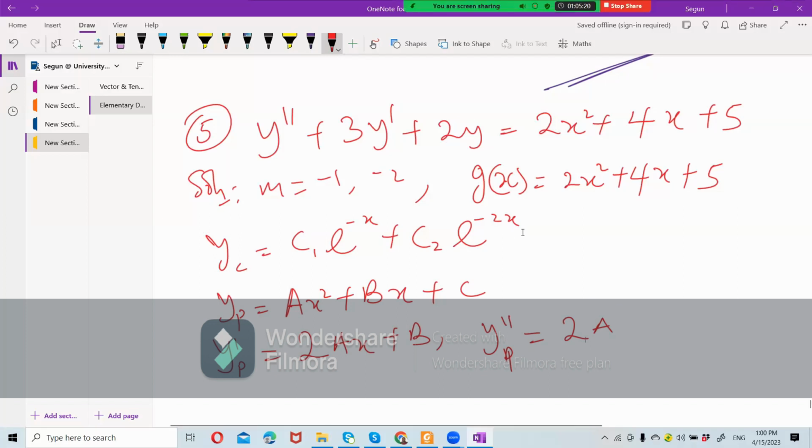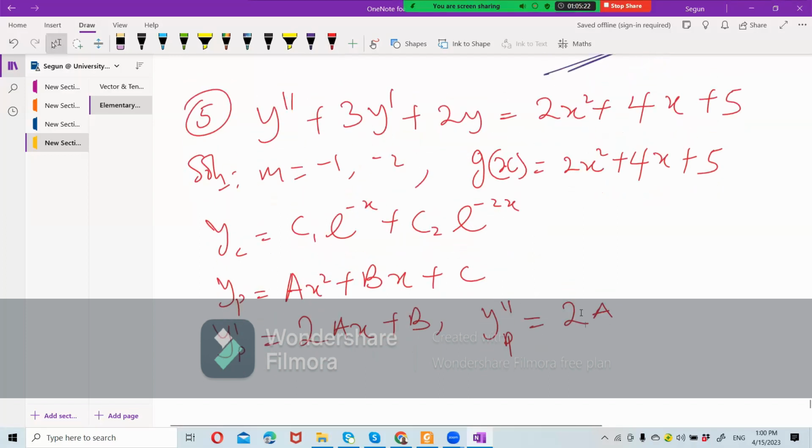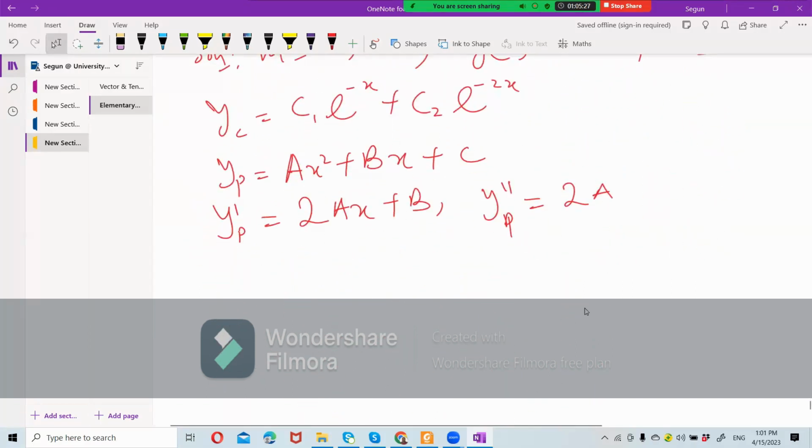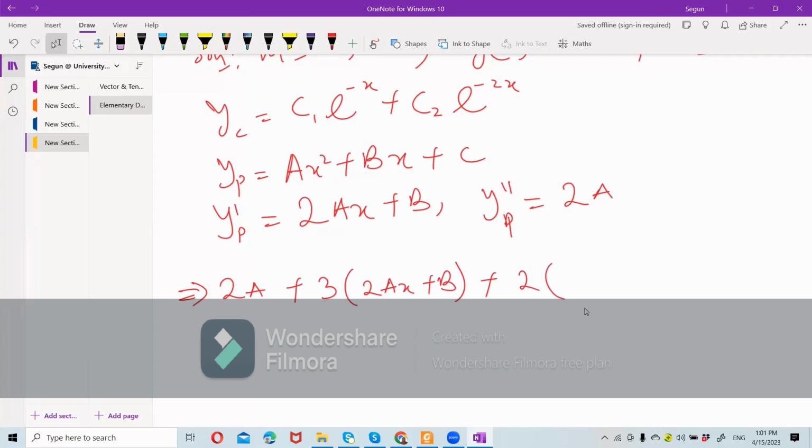Then we have to go back to the equation and substitute it. So here you are going to have 2A plus 3 in bracket 2AX plus B, plus 2 in bracket AX squared plus BX plus C, everything equals 2x squared plus 4x plus 5.